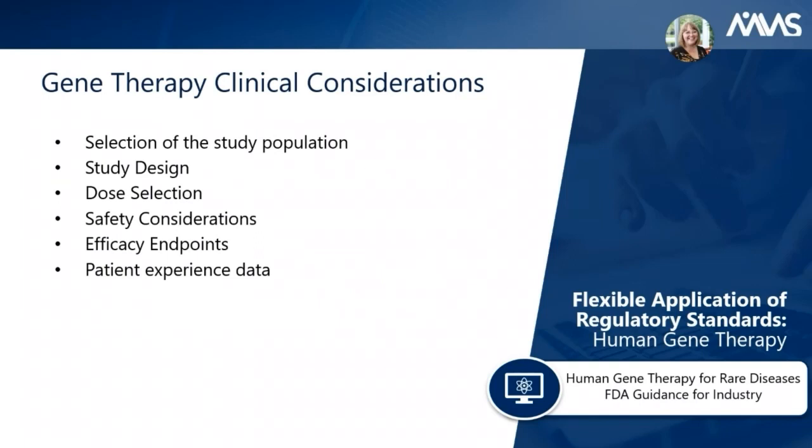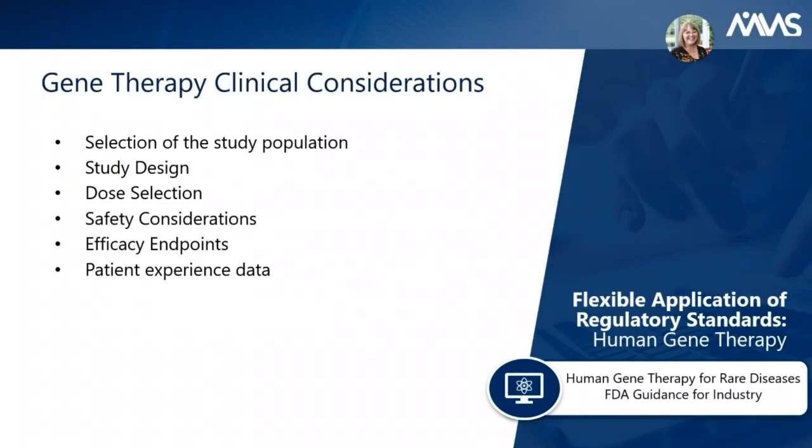For example, when thinking about study population, if the disease is caused by a genetic defect, FDA recommends that the sponsor perform genetic tests for the specific defect of interest in all clinical trial subjects. And because of the potential for phenotypic heterogeneities, there is a wide variance in the onset and severity of disease manifestations.